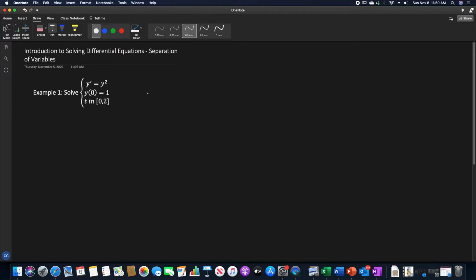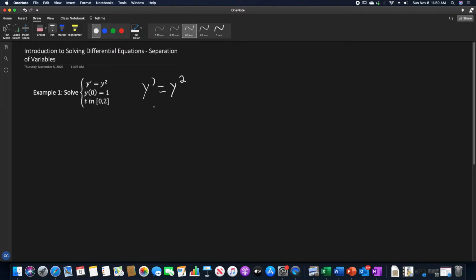Okay, so let me just first rewrite our differential equation. y prime is equal to y squared. And as the name suggests, we're going to separate these variables. Even though there's no t inside of this, we're going to divide by y squared.